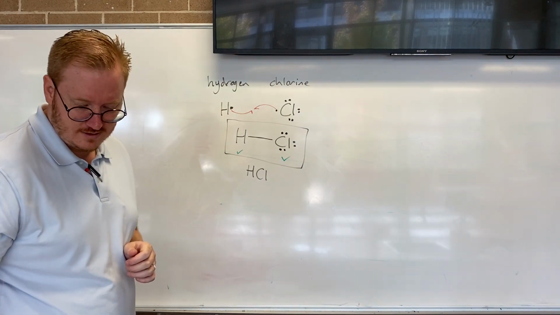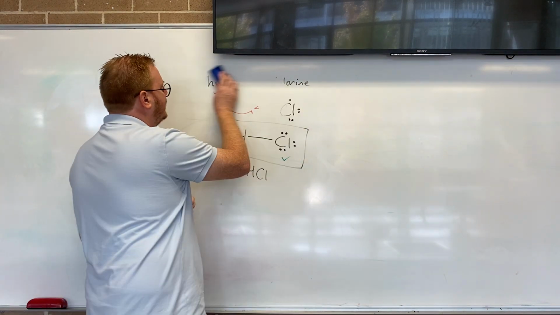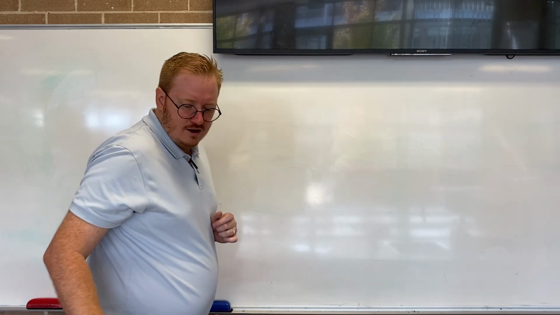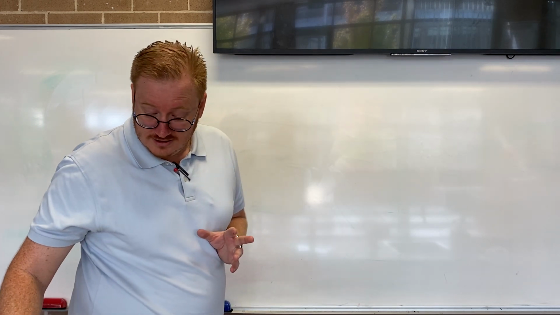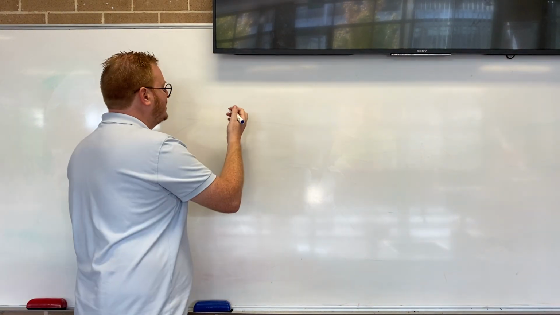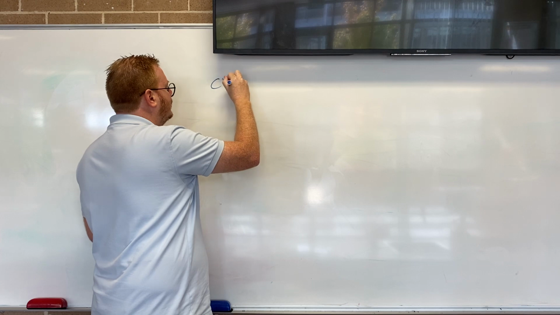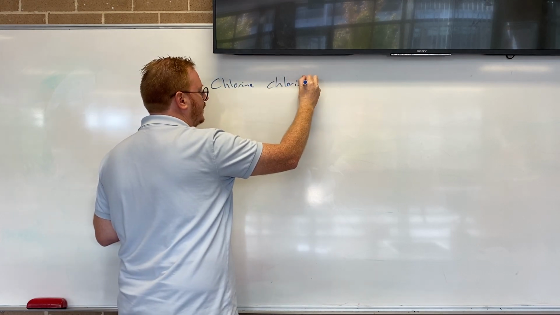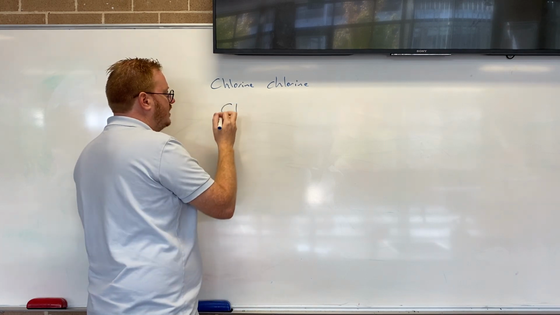Let's do another one. What's next? Let's do chlorine with chlorine. We'll see why it's a diatomic molecule. Do your symbols.